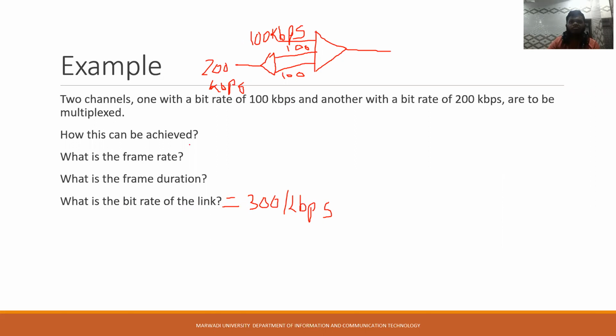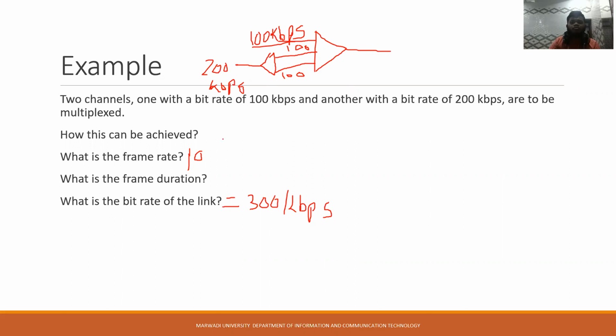Frame rate can be obtained like this. We have 100 kbps, 100 kbps, 100 kbps. So we need to send 100 kbps in a second. Each frame would contain, for example, 1 kb. So what we can do here is, each frame would carry 3 bits, one from here, here, and here.